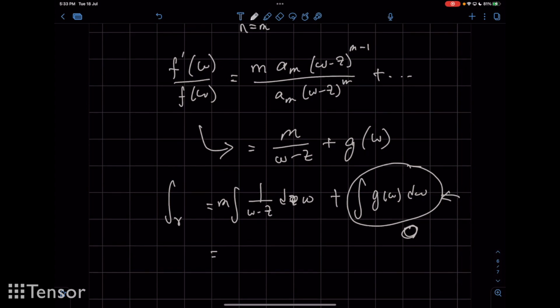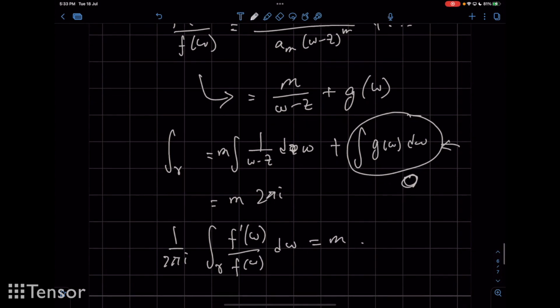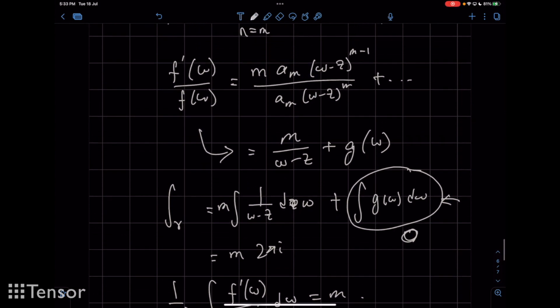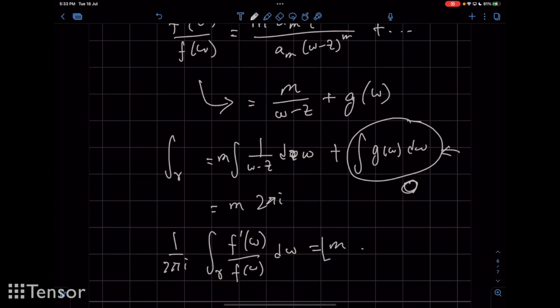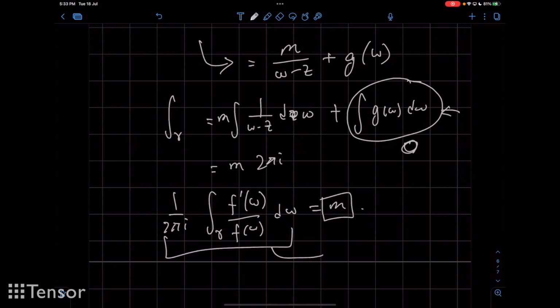And the value of the other integral we know, right? This is m times 2 pi i. If we divide by 2 pi i, then 1 over 2 pi i times the integral of f prime of w over f of w dw is equal to m. So this is a very short proof of why this integral works as the order.